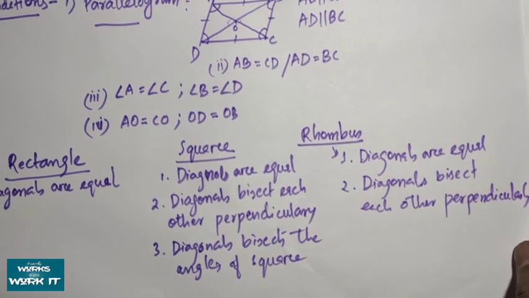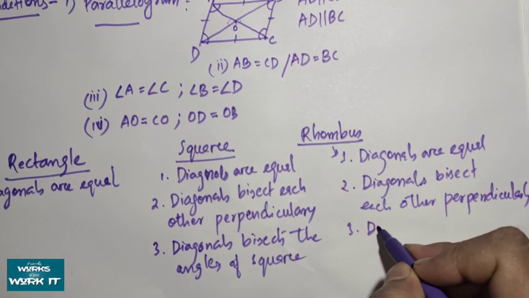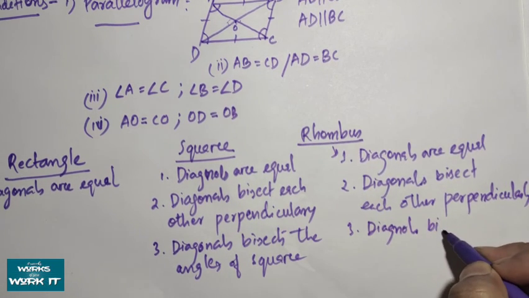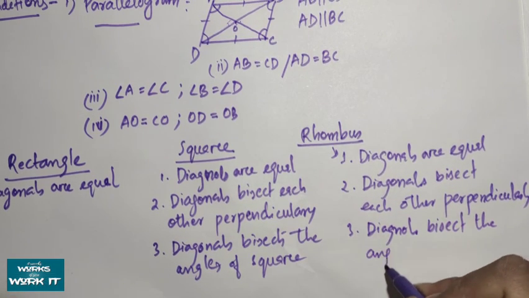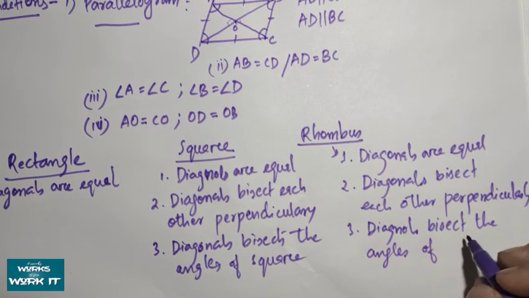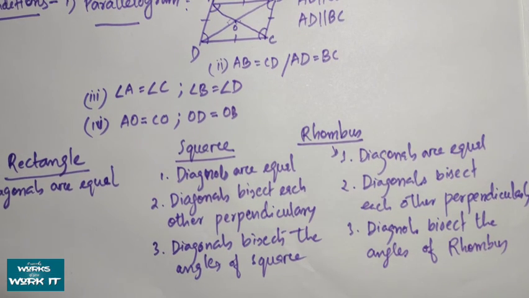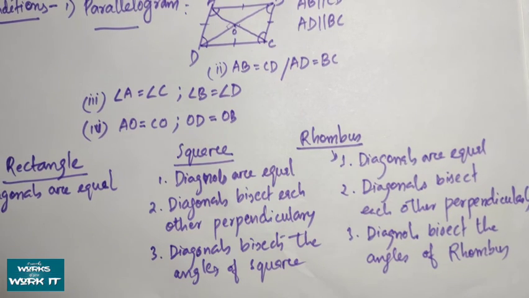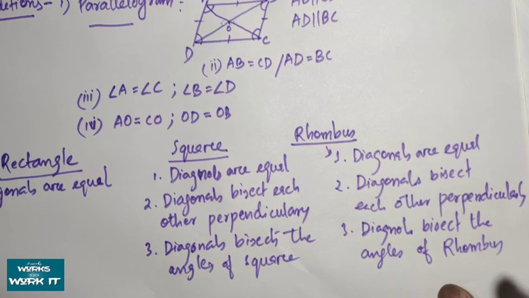And the last thing, diagonals bisect the angles of the rhombus.